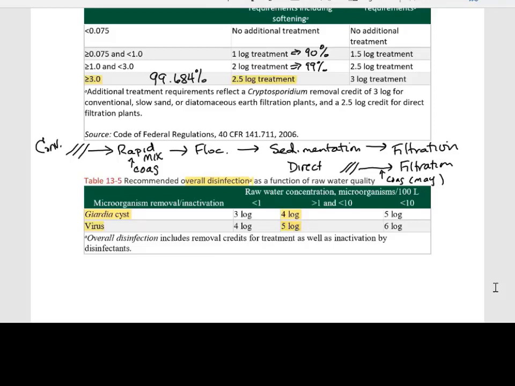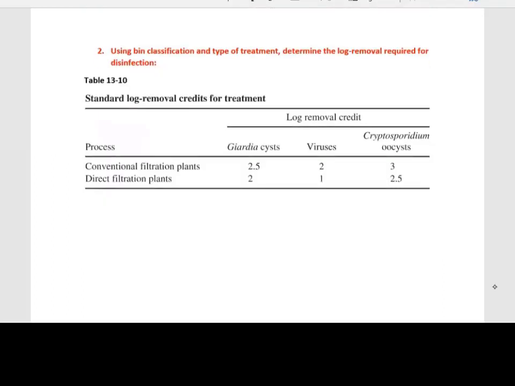So this is telling us how much overall removal we need. The next step is, what we've just done is determine the bin classifications.